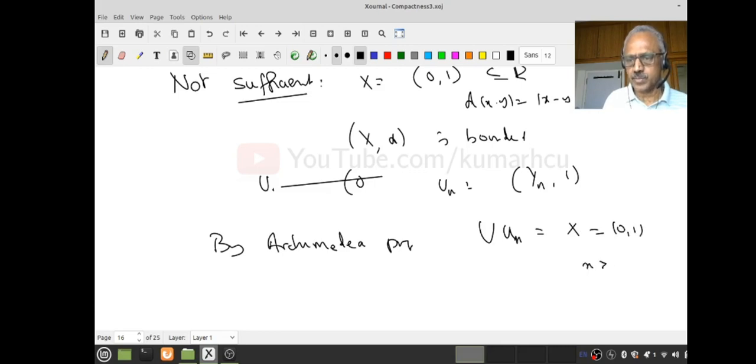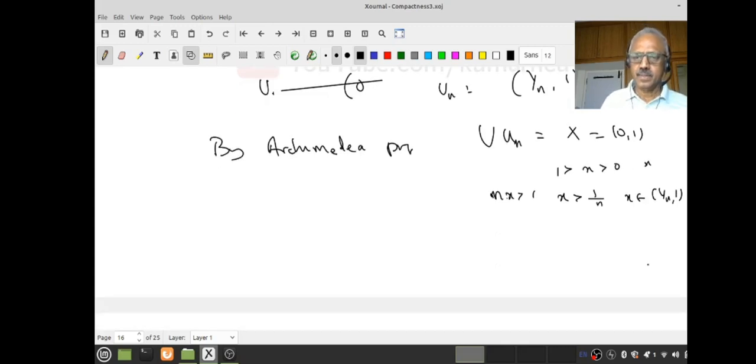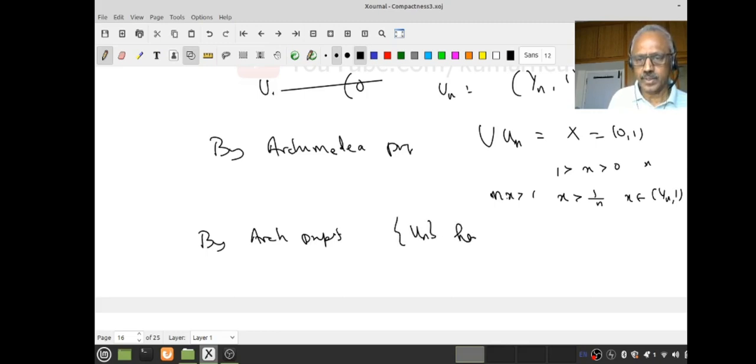Because if you give me an x positive, then there is n so that nx is greater than 1. That means x is greater than 1/n. That means x belongs to (1/n, 1), and it has no finite subcover. Again by Archimedean property, this union has no finite subcover.